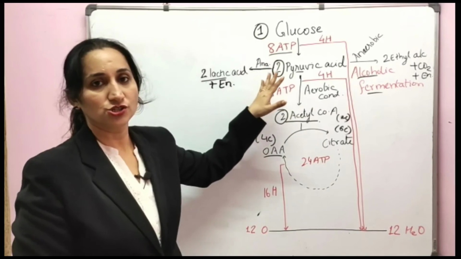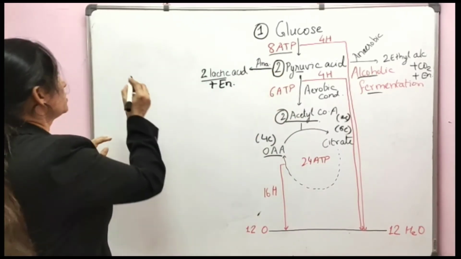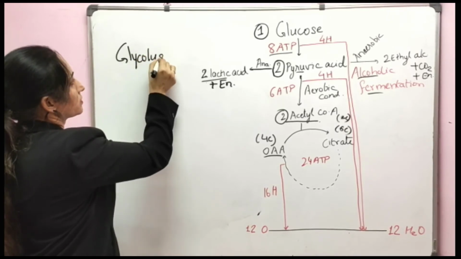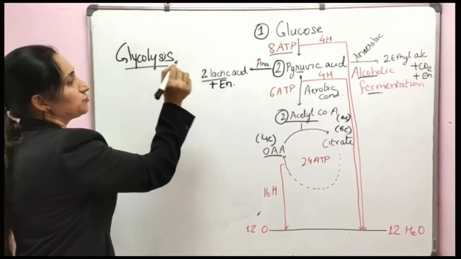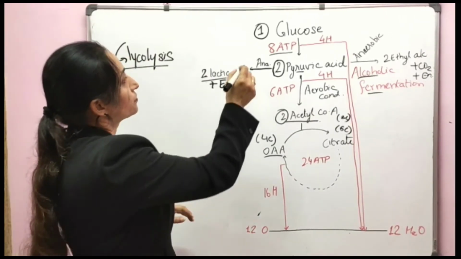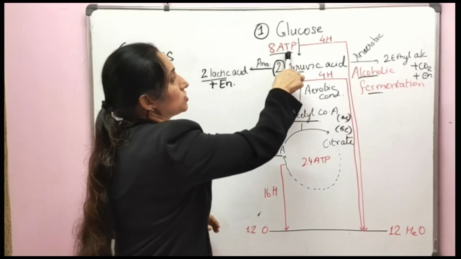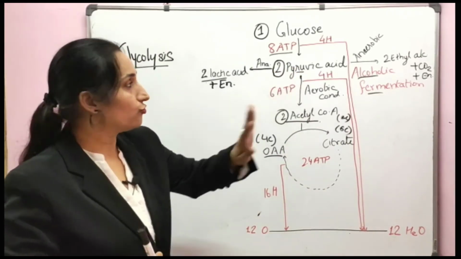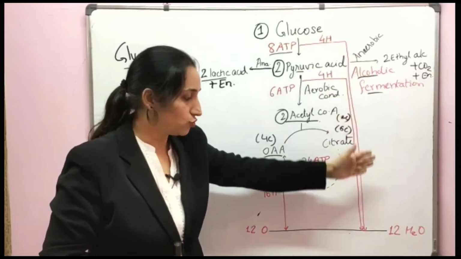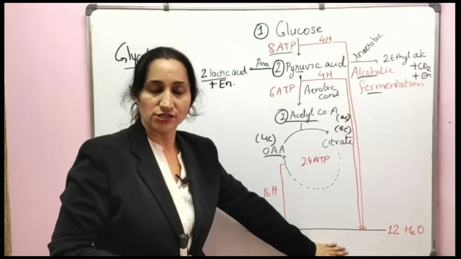This partial oxidation process is known as glycolysis. Detailed process of this glycolysis will be done in the next video. In the meantime, total 8 ATPs are formed and 4 hydrogen atoms are released, which move towards the 4th stage.